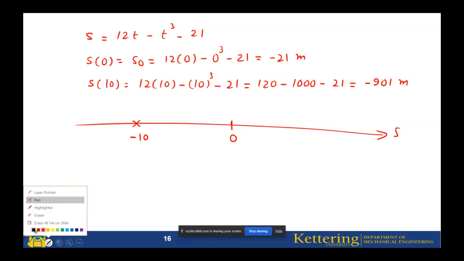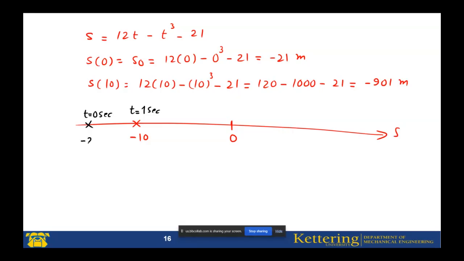At t equal 0 seconds, it is here, and at t equal 10 seconds, it is here.